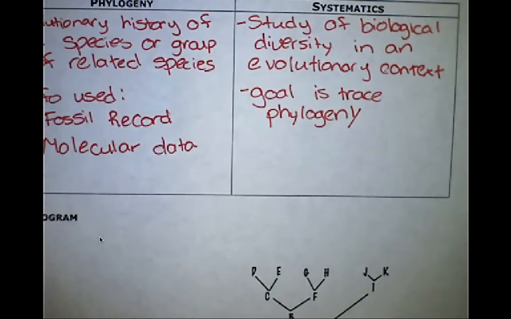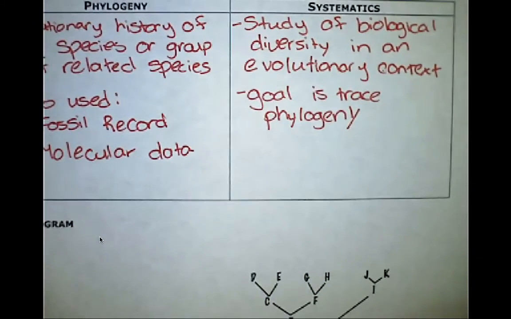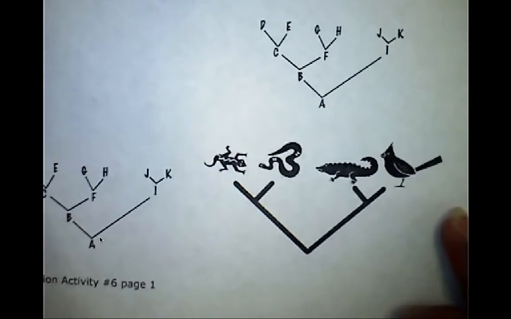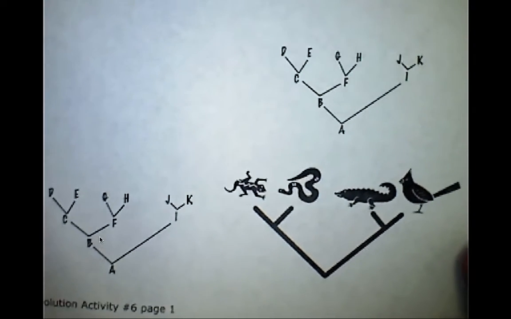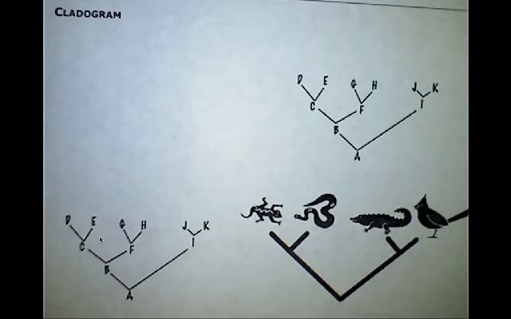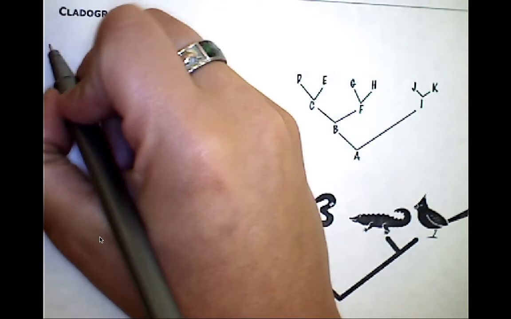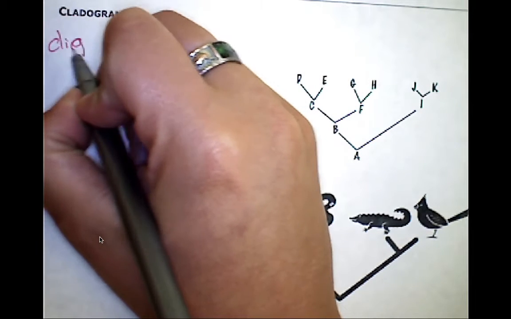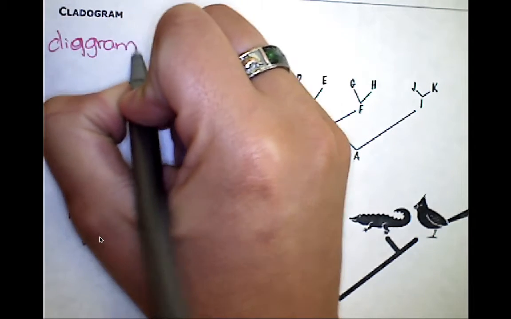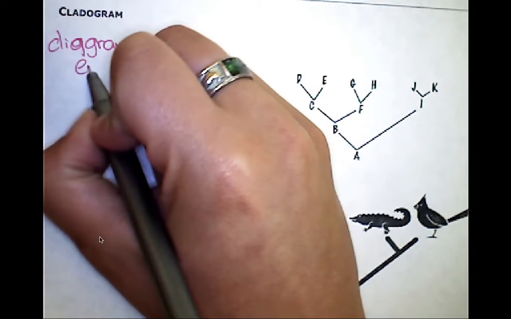Now, what systematic biologists do is they use these tools called cladograms, and there's a couple of cladograms here, and you can see the word cladogram. So a cladogram, all it is, is just a diagram of evolutionary relationships.